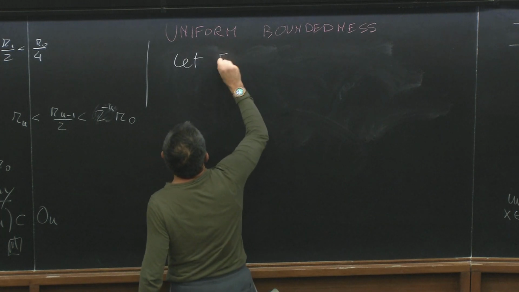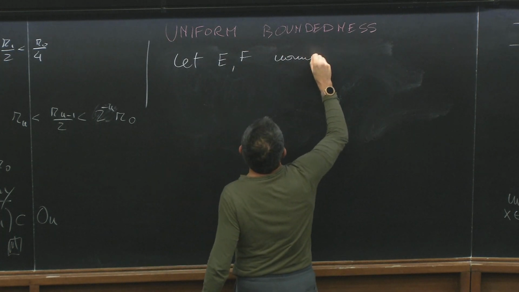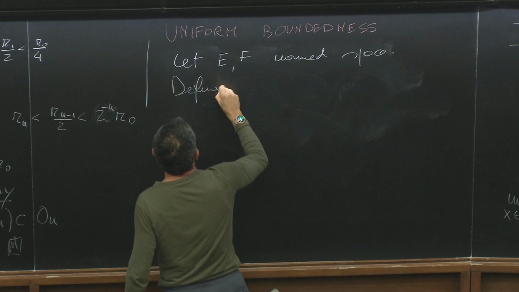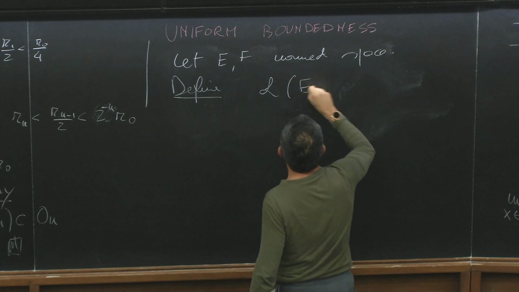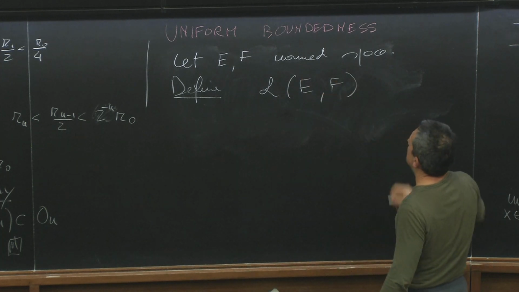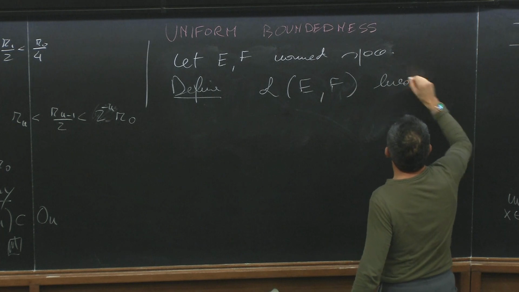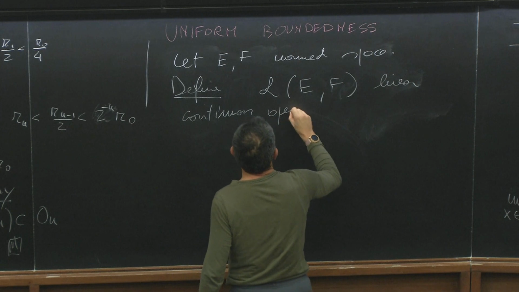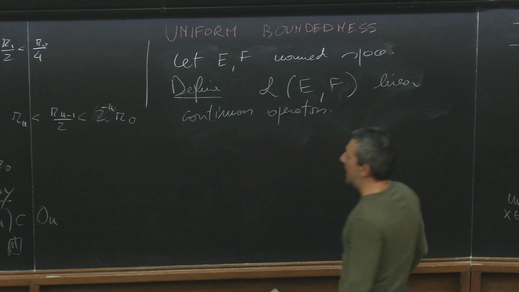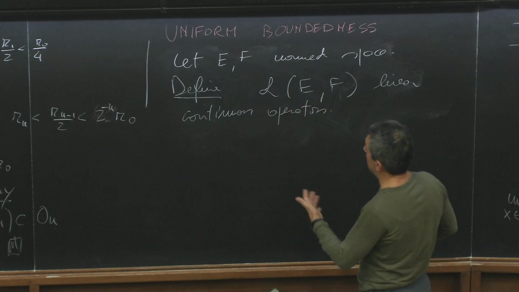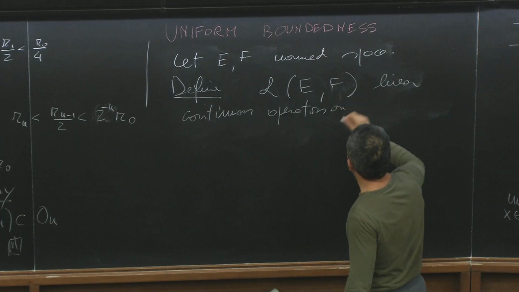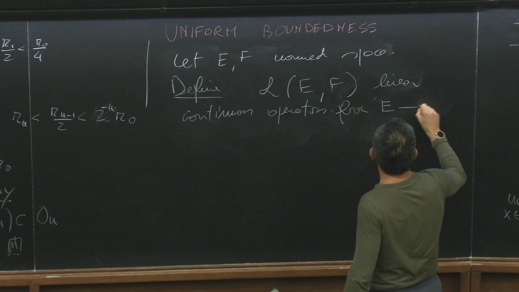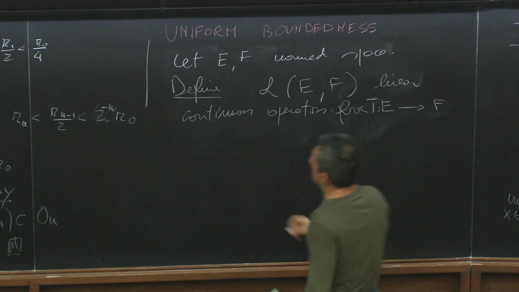So let E and F be normed spaces. So we define the space of linear continuous operators from E to F, with the norm.